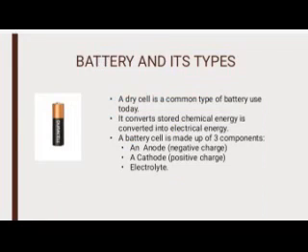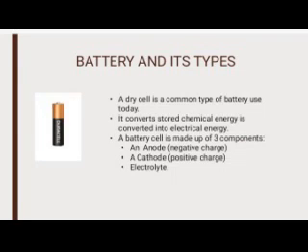Our next topic is battery and its types. Have you seen a battery? I think yes, because you see batteries in our house. In what places have we seen them? We have seen them in remote controls, clocks, etc. So these are batteries. First we discuss the battery. A dry cell is a common type of battery used today.